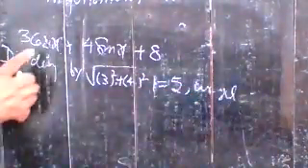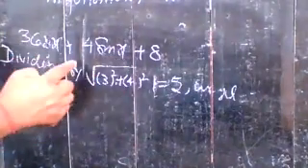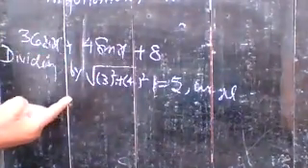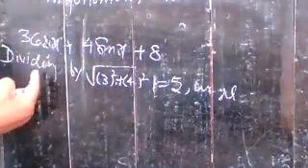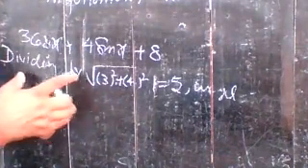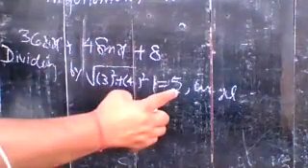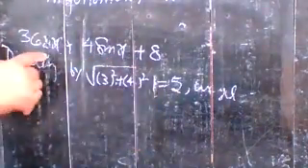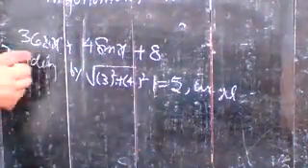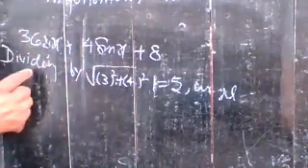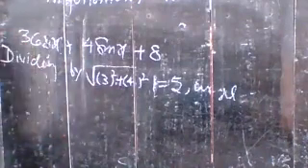Here this is just a function, not an equation, so I am not writing dividing both sides. If you divide each term by 5, then to balance it you have to multiply by 5 also.